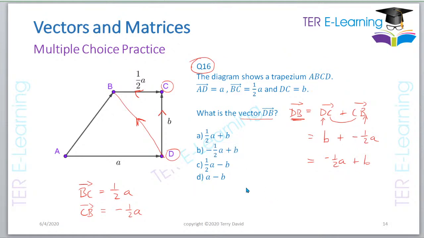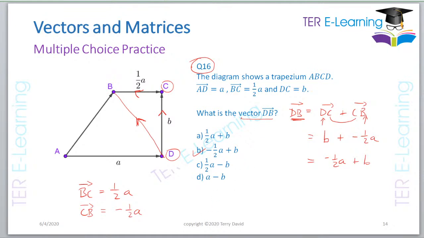So I made a mistake. So it's supposed to be minus a half A plus B, right? So the answer here is B. So sorry about that. Some of you may have been working it out and getting the wrong answer, right? So it's minus a half A plus B.